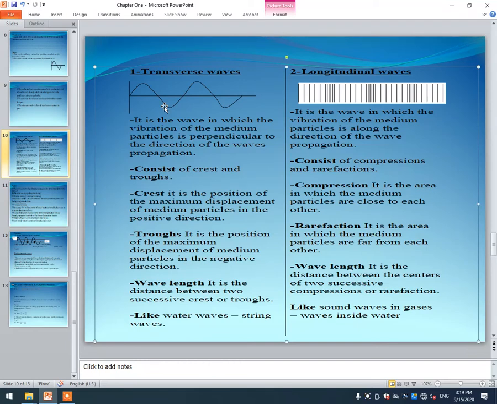This definition is called the general form of the wavelength: the distance between any 2 points that have the same phase. This can exist in transverse waves and in longitudinal waves. But we need another definition which concentrates on the transverse wave.